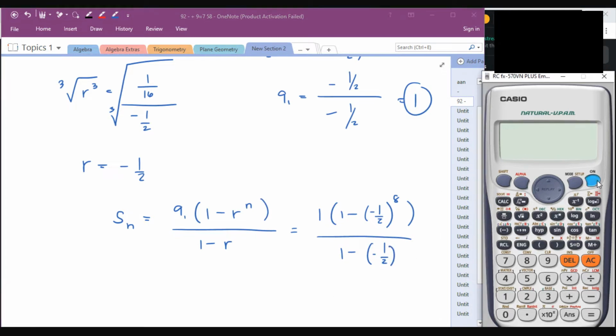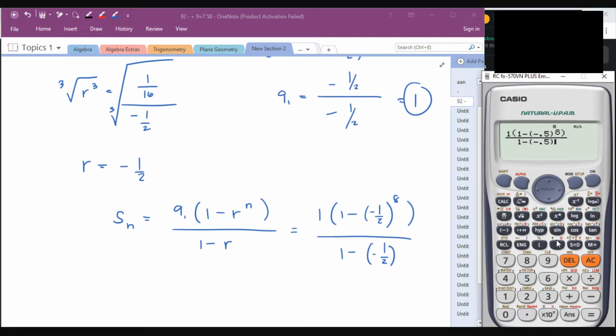So, okay. That is 1 multiplied to 1 minus negative 0.5 raised to 8. Tapos, 1 minus negative 0.5.